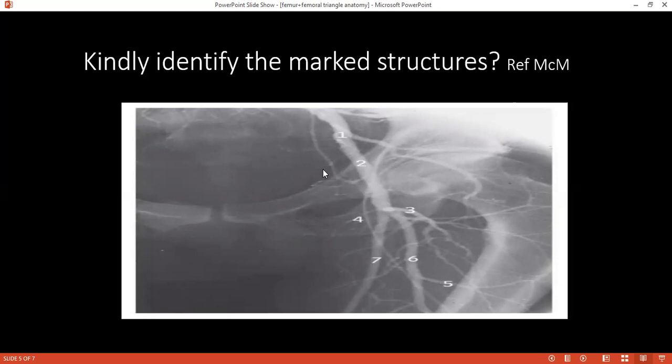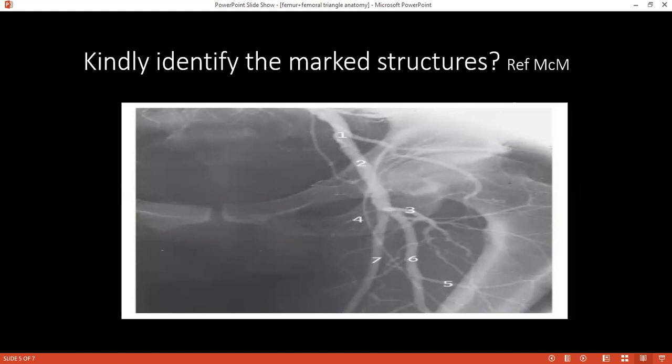Good. Can you identify quickly all the numbered structures? Number 1 is a cannulated structure. 2 is the common femoral artery, and then it gives branches 3 and 4, which are lateral. 3 is the lateral circumflex femoral artery, and 4 is the medial circumflex femoral artery.